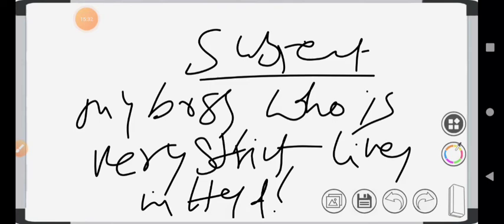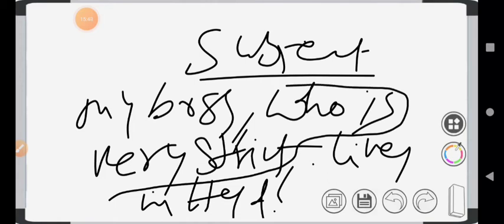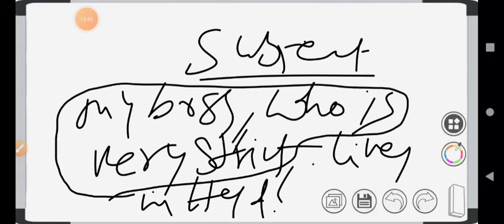In between the commas, who is very strict. The entire phrase functions as a subject of the sentence. Lives is a verb. Lives in Hyderabad. My boss, who is very strict, lives in Hyderabad.